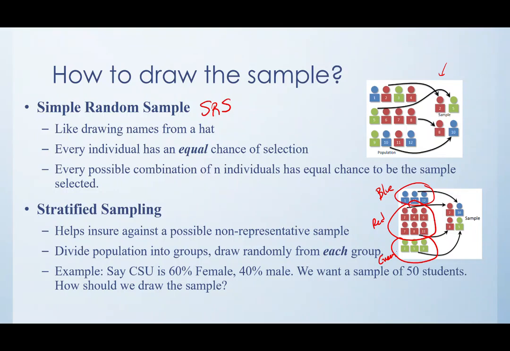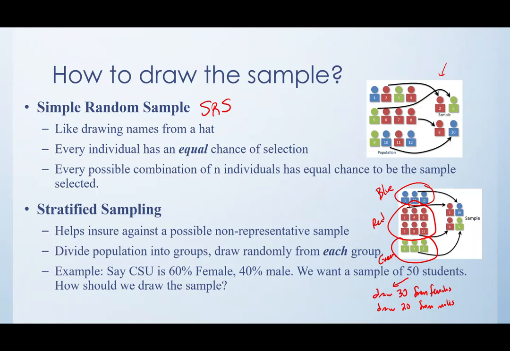As another example, let's suppose Clayton State is 60% female and 40% male. It's more like 70%, but whatever. We want a sample of 50 students. How should I draw my sample? Well, let's draw 60% of 50, which is 30, from the females at Clayton State, and we're going to draw randomly, of course, 20 from the males.